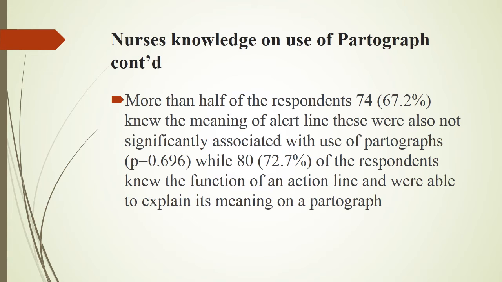These were also not significantly associated with the use of Partograph at a p-value of 0.69, while 72.7% of respondents knew the function of an action line and were able to explain its meaning on a Partograph.